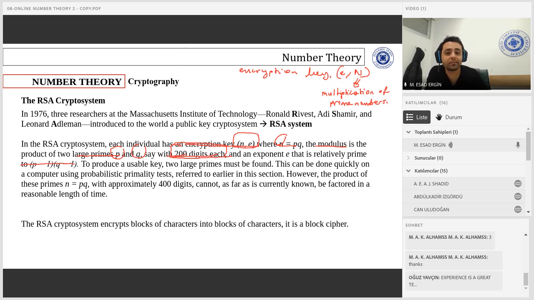I'm going to explain what it means, but of course we are going to see very basic steps. In real life, they do not use what we are going to use, because we are going to use very small prime numbers. In the real system, they have to use very, very large prime numbers in order to use it efficiently.